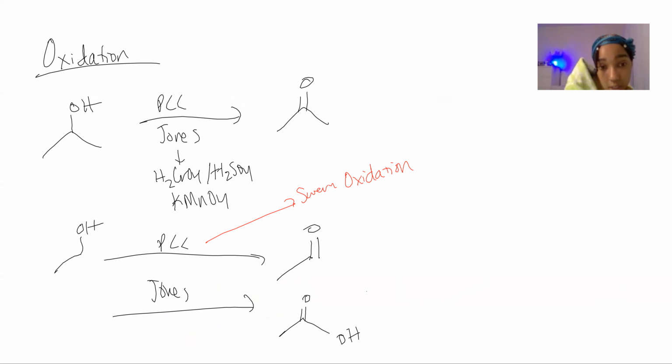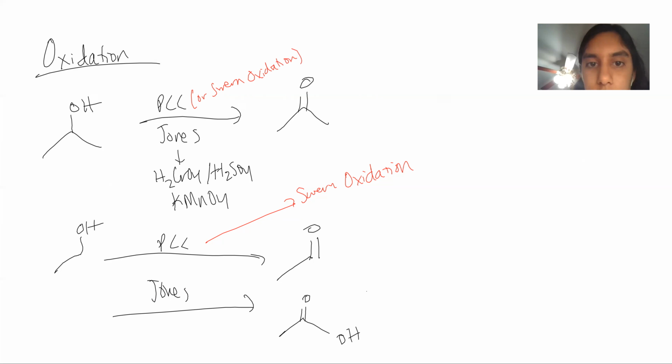Is there any time where we would need to choose one over the other? No, they do the same thing. Okay. Also, do we need to know what the actual chemical looks like? Like for Jones, it's chromic acid.